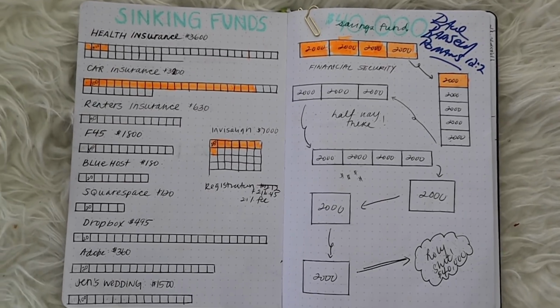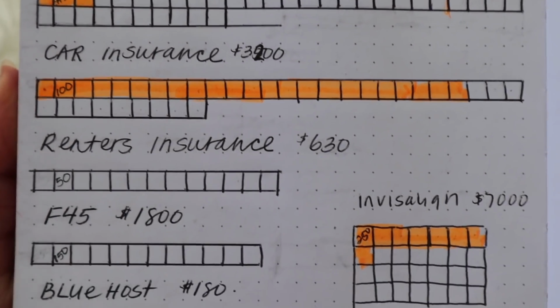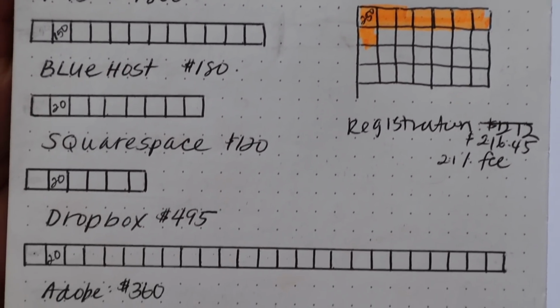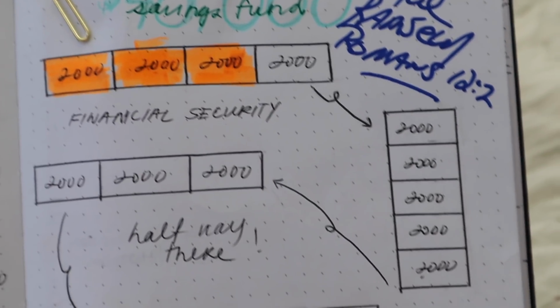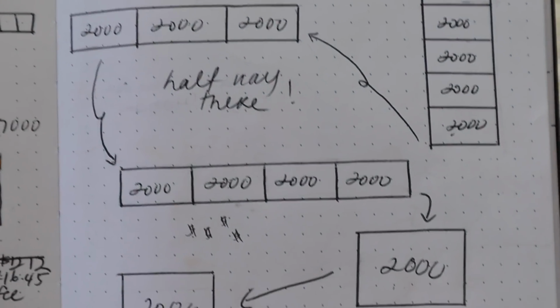So here is my savings fund, and then here are my sinking funds. Like I said, it just keeps me on track. It keeps me visually excited to save up as quickly as possible to be able to cross off these boxes. But anyways, I'm going to show you very quickly how to do it.